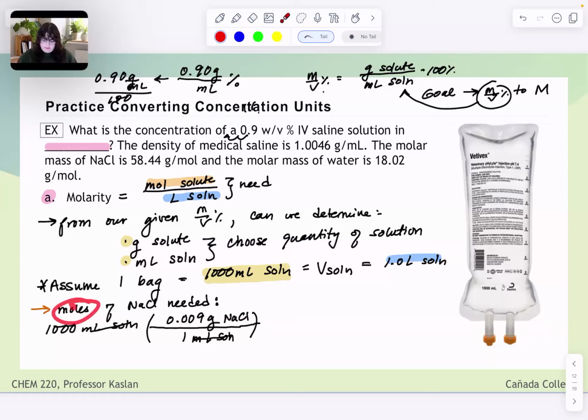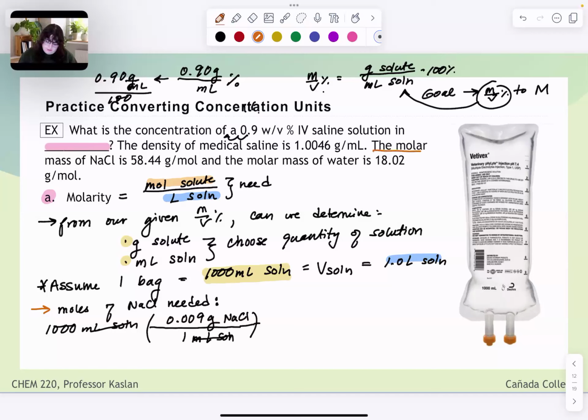We want the moles of sodium chloride. So far, I've taken my presumed 1,000 milliliters of solution, and I've used my definition of a mass volume percent to figure out the mass of sodium chloride present.